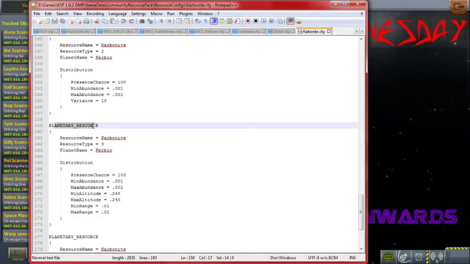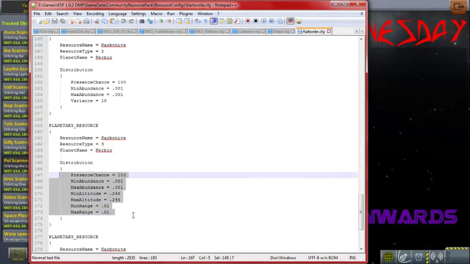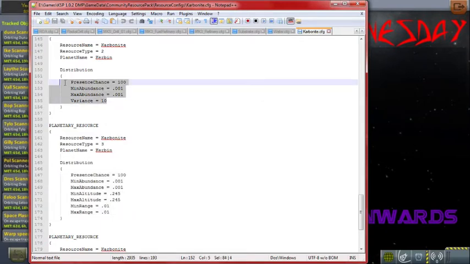You can use planetary resource with resource type 3. So you can define the sphere of influence of Kerban itself as a planetary resource. Don't forget you're using that syntax, not that one.